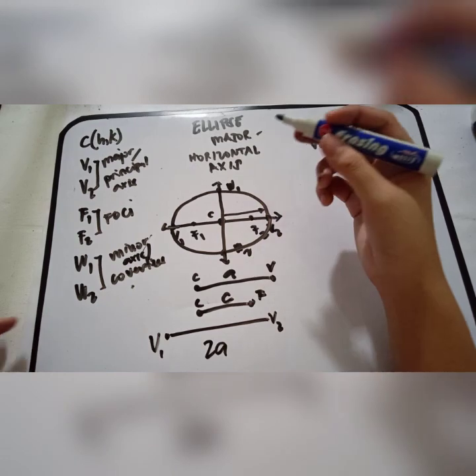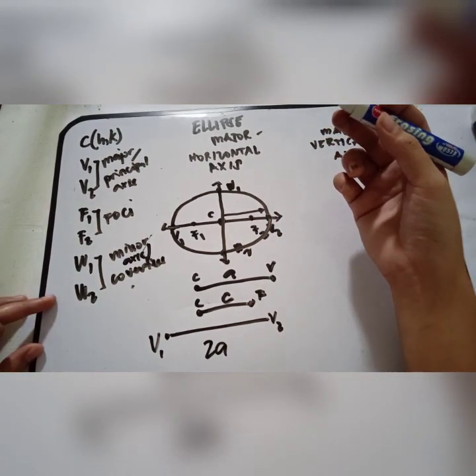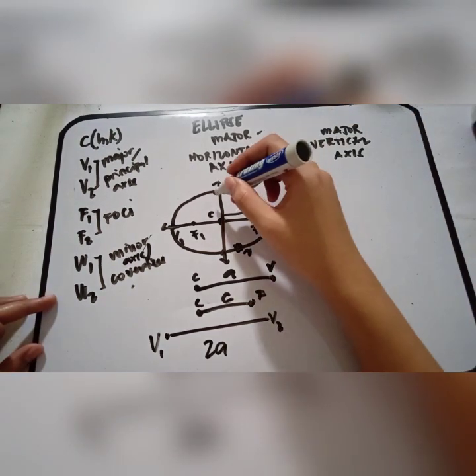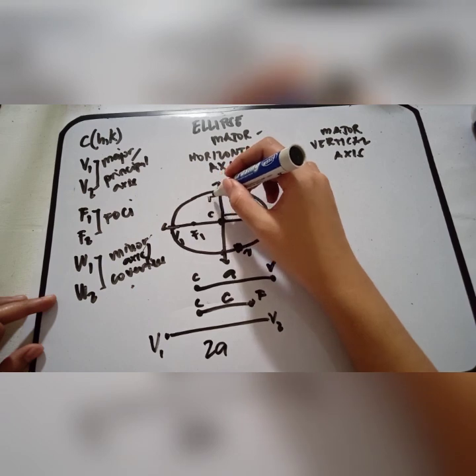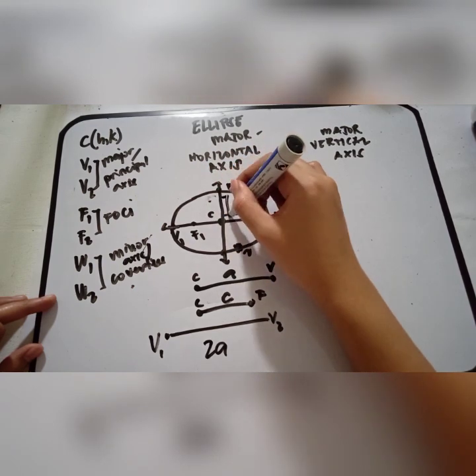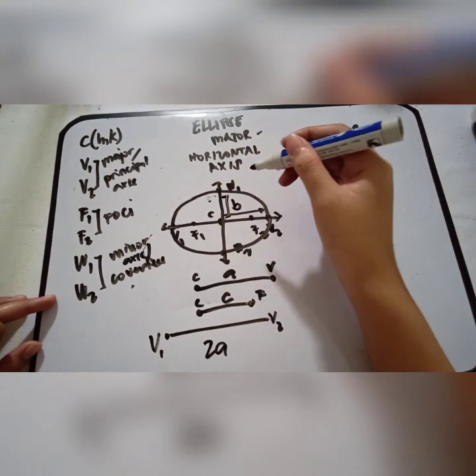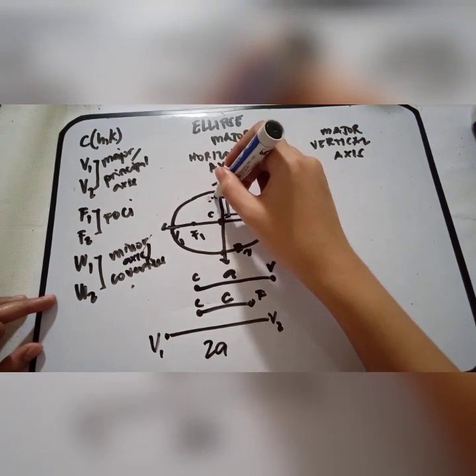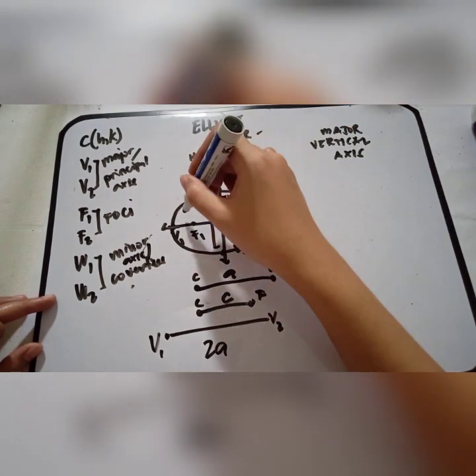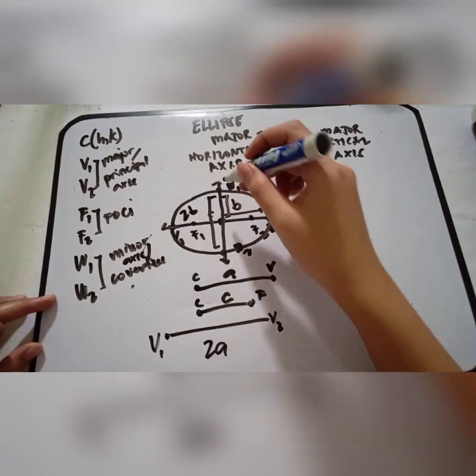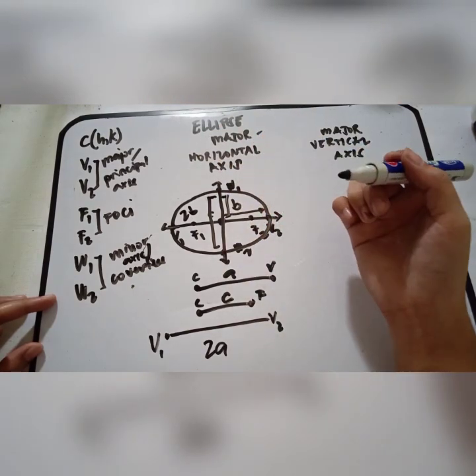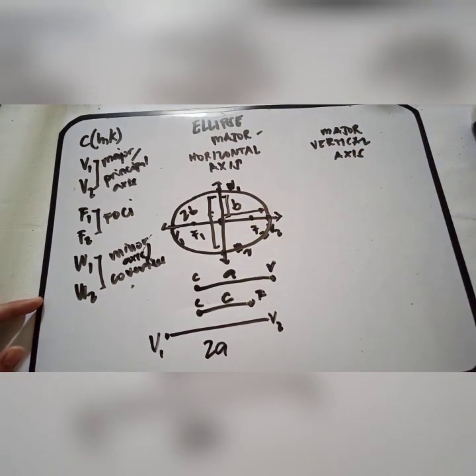So how about the W1 and W2? So W1, it's called B. Okay, so therefore the W1 to W2, it is called 2B. So B plus B, it is 2B. Okay, question, are we clear for this one?